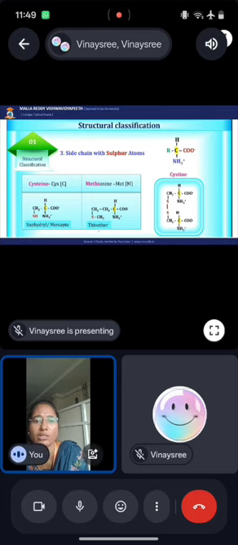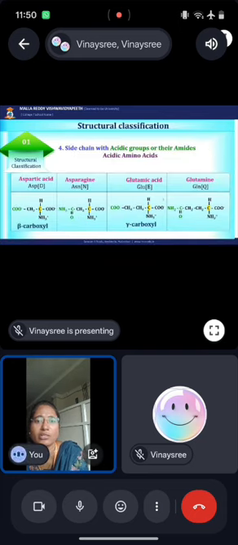We can call it a thioether also. So these are the 2 examples for the sulfur containing amino acids. And one more is cystine: the 2 molecules of cysteine combined with the help of the sulfur group, then we can call it cystine.